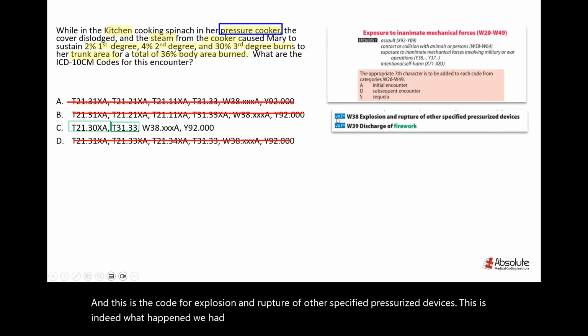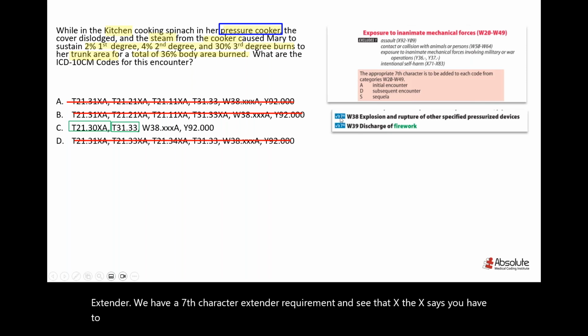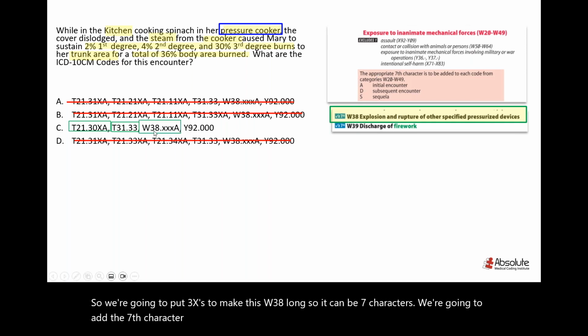We had a pressure cooker. We have a 7th character extender requirement, and see that X? The X says you have to elongate it, and X marks the spot. So we're going to put 3 X's to make this W38 long, so it can be 7 characters. We're going to add the 7th character extender, and there you go, W38.XXXA.